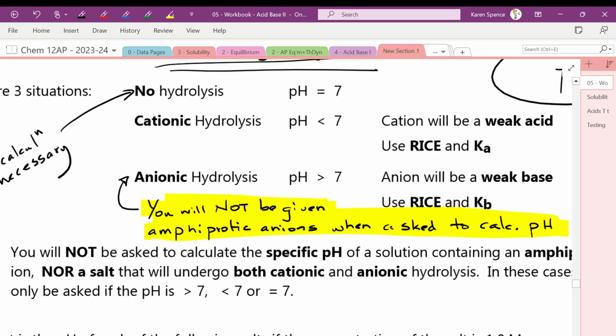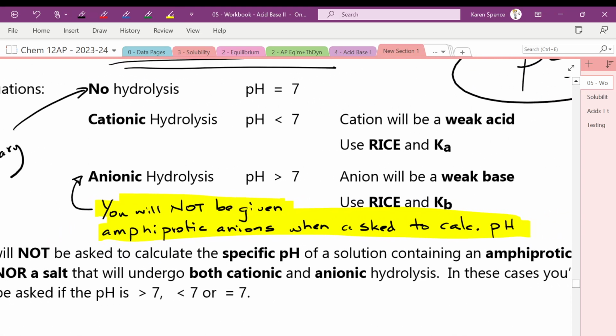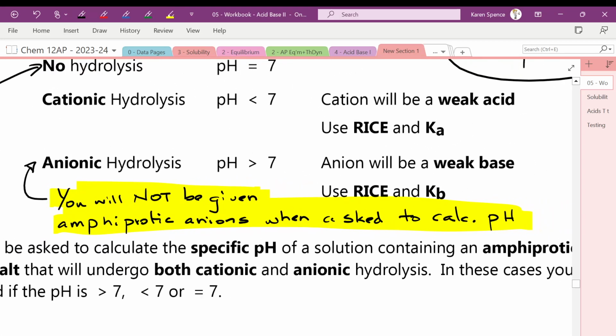You will not be given amphiprotic anions when asked to calculate pH. Is that good? You will not be given a cation and an anion that both hydrolyze when asked to calculate pH.